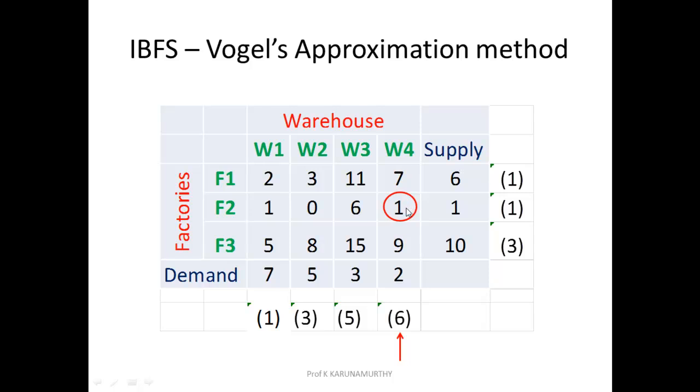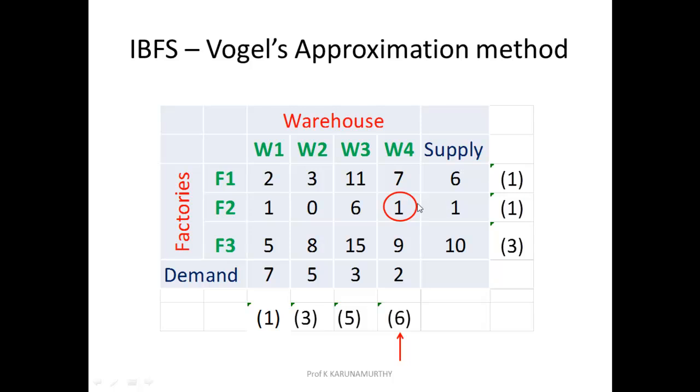The supply from factory number 2 is only 1 unit, whereas this cell refers to warehouse number 4 where the demand is 2. So even though the demand is 2 here, we can supply only 1 quantity.